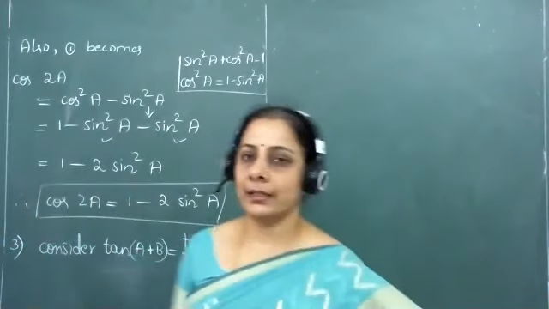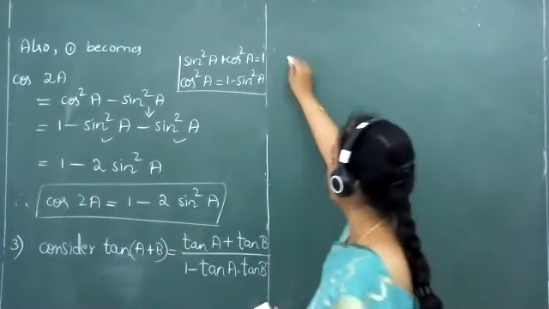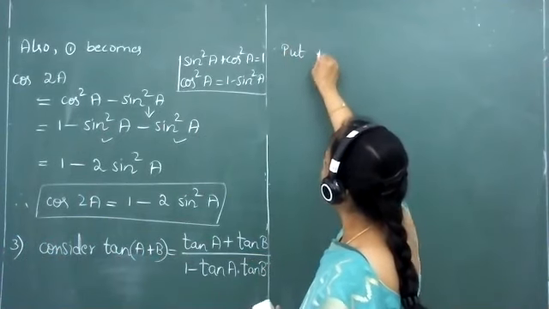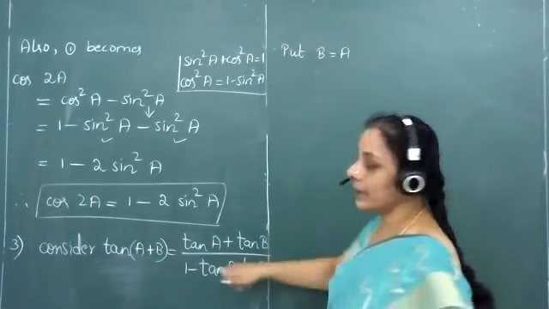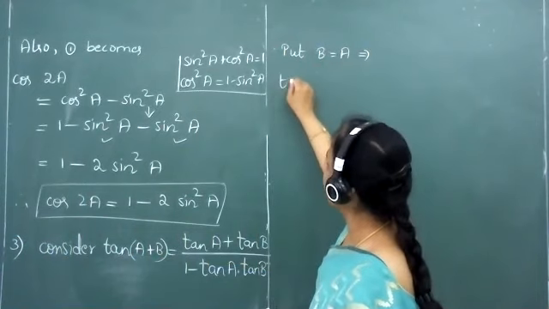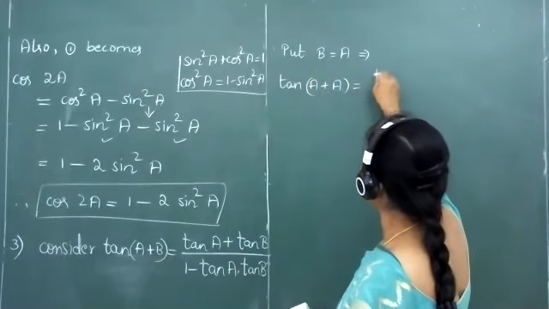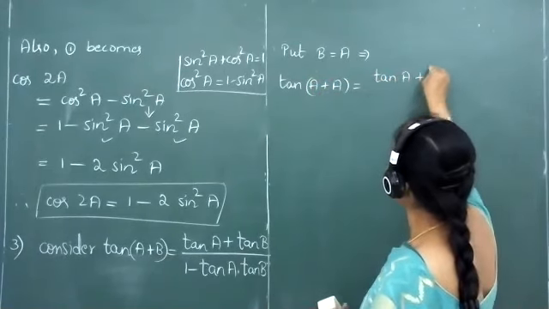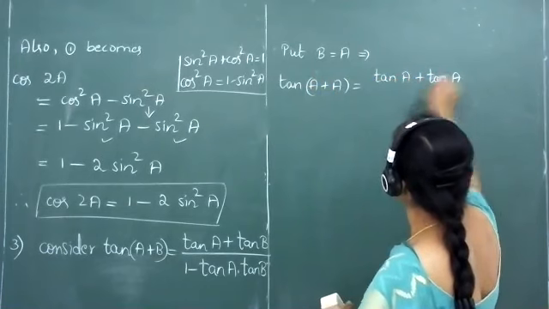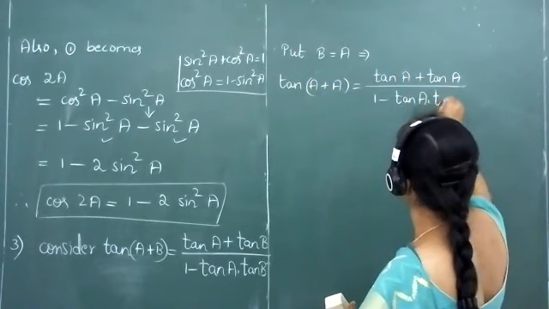Again, as earlier, we shall be substituting angle b equal to angle a. So we substitute b equal to a in the entire equation, which will yield us tan a plus a in the LHS. RHS you will have tan a plus tan a whole divided by 1 minus tan a multiplied by tan a.